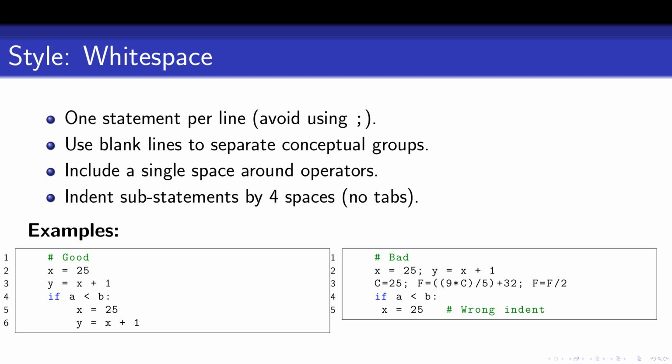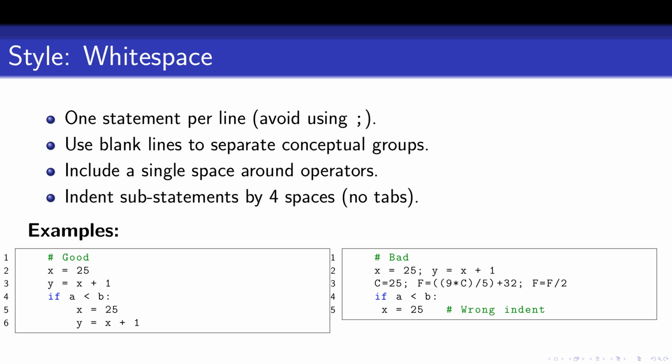Whitespace plays a critical role in making Python code readable, and style guidelines emphasize keeping it consistent. Each statement should appear on its own line rather than combining multiple statements with semicolons, which makes code harder to follow. Blank lines should be used sparingly, only to separate sections of logic, not between every line. Operators like plus and minus should have a single space around them for clarity, and sub-statements within control structures, such as if statements, should be indented exactly 4 spaces.